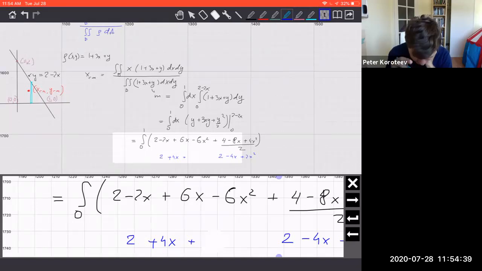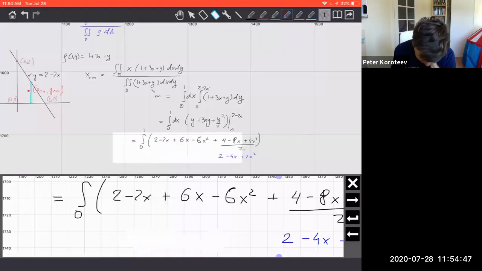Why is it minus? Sorry, I'm getting slow on this. Yeah, so 2 plus 4x minus 6x squared.